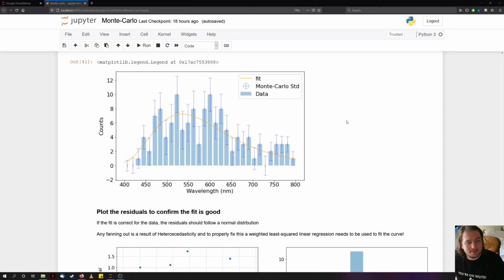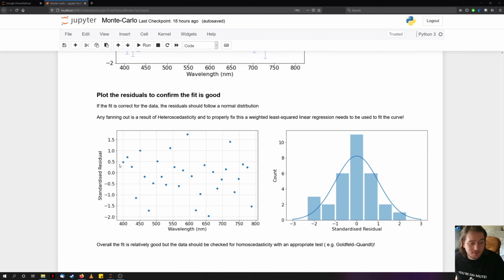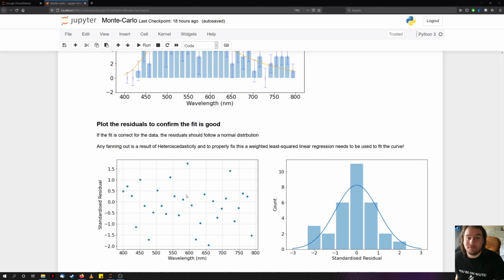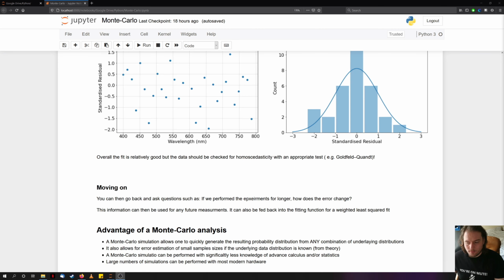We then used that information to generate our variance or standard deviation for each bin, which we could then apply back to our original data. We then checked whether those standard deviations formed a normal distribution in the standardized residual plot to show that the fit is indeed good.